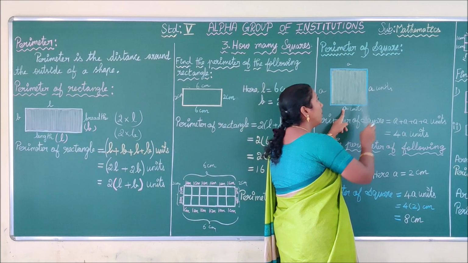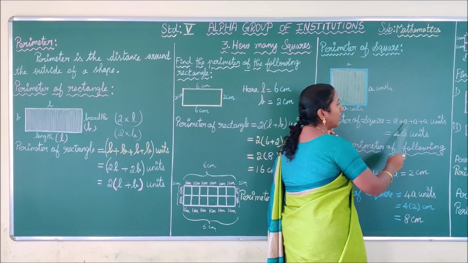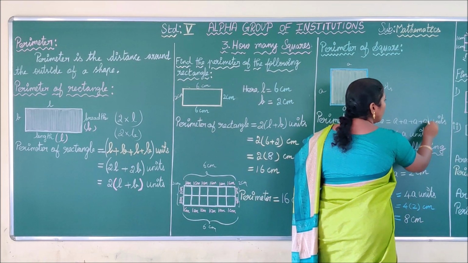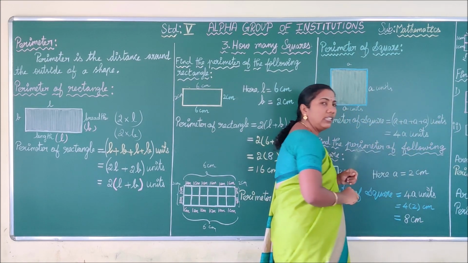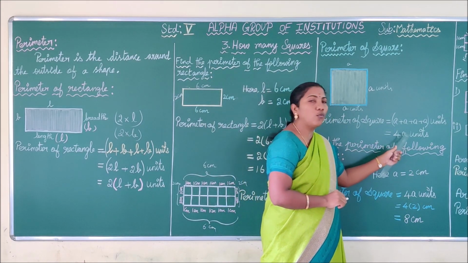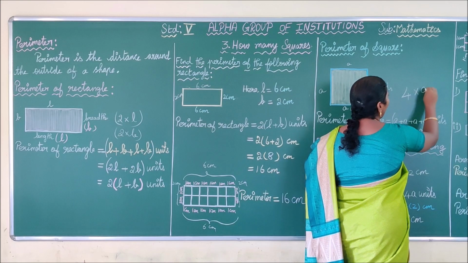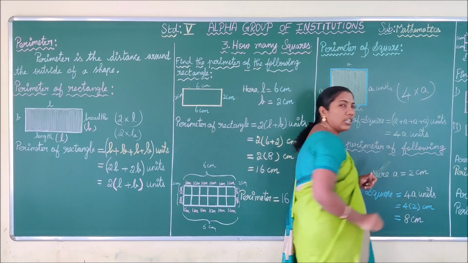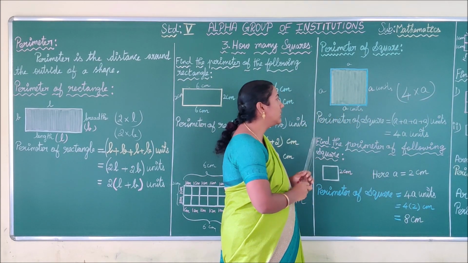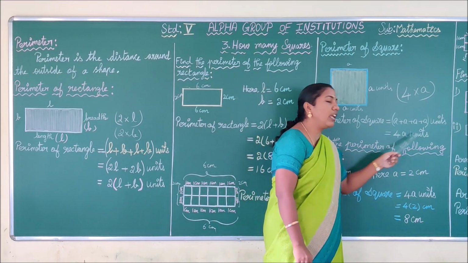So A plus A plus A plus A, that is, we are adding A 4 times. So here you have to write 4A. In 4A, between 4 and A the operation is multiplication. Remember it, children. Thus the formula for the perimeter of a square is 4A units.